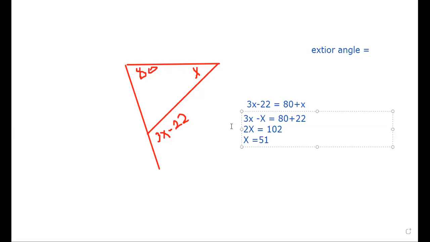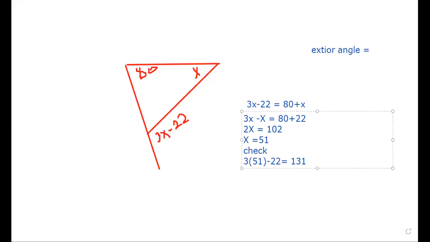If you want to check your answers, you can go back and replace the value of x. So it will be 3 times 51 minus 22. It will be 131.